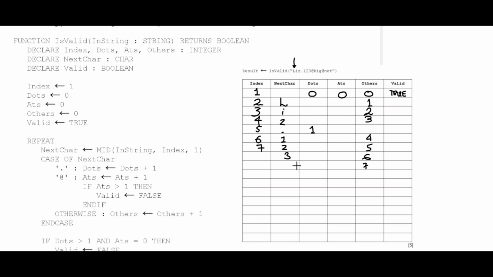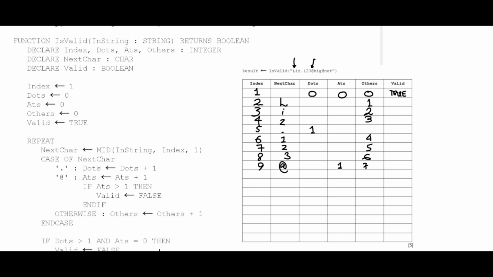3, 7, index is now 8. And then we come to our next one, which is an at symbol. So we give that no other count. But in the at section, we're going to be now putting a 1.